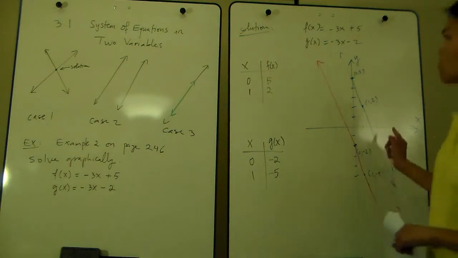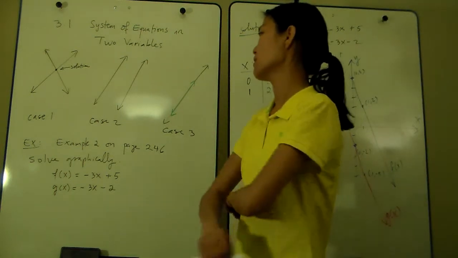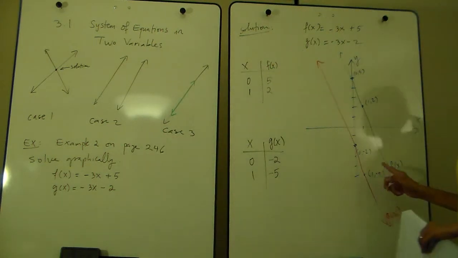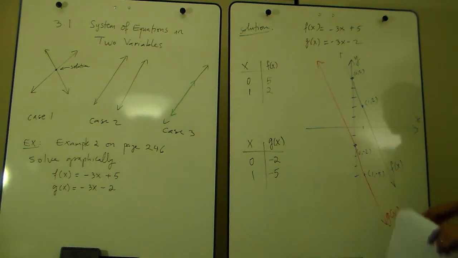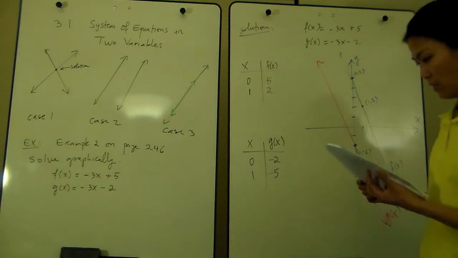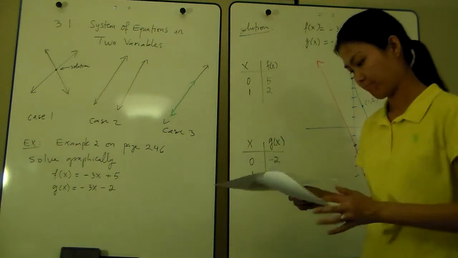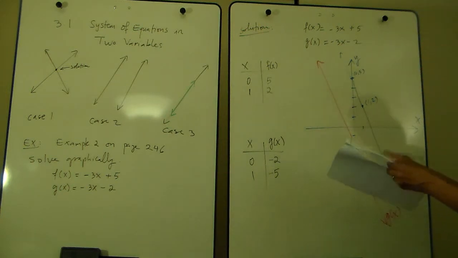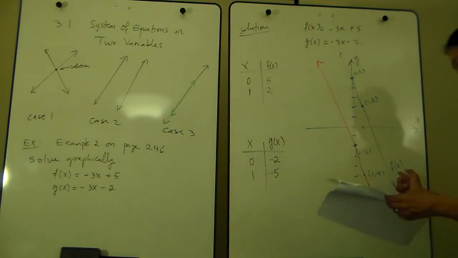So which case is that? Not case 1. Case 2? Yep, they're parallel. You see that? So what does it mean to be parallel? If you read case 2, it gives a description of case 2. Two lines are parallel. There's no solution.